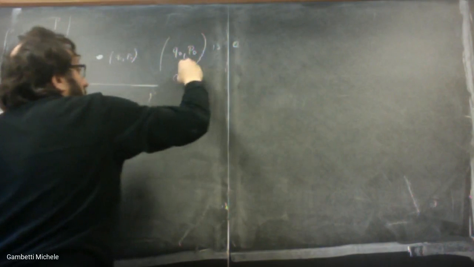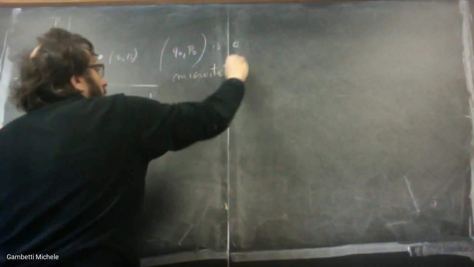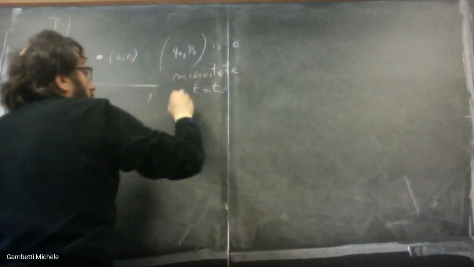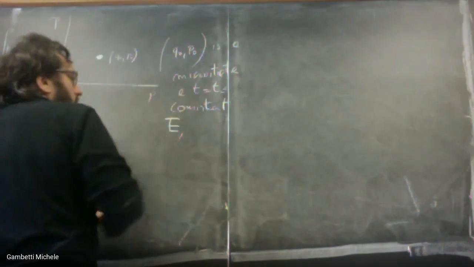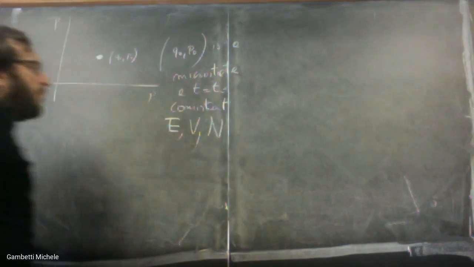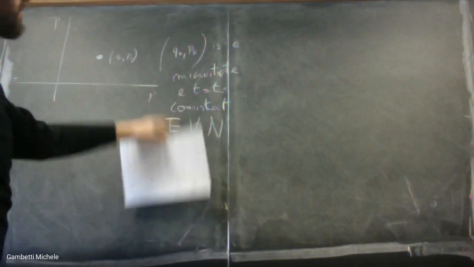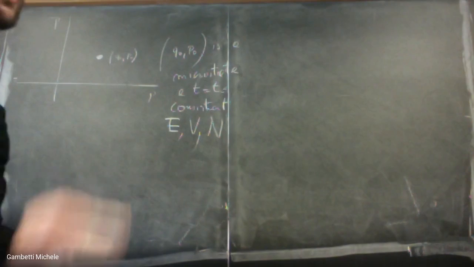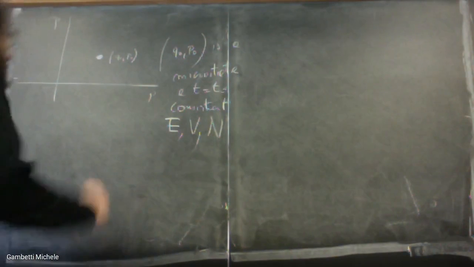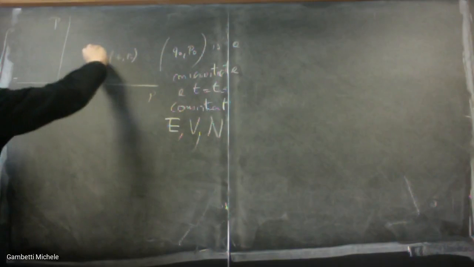So Q0 and P0 is indeed a microstate at t equals 0, consistent with having total energy E, volume V, and number of particles N. If I provide all the values of Q and P at a certain time, my microstate is completely determined.